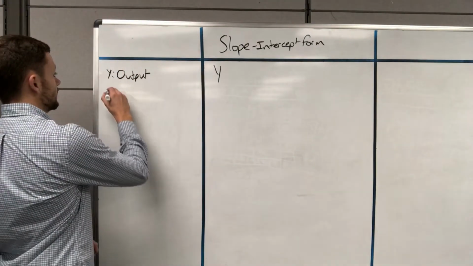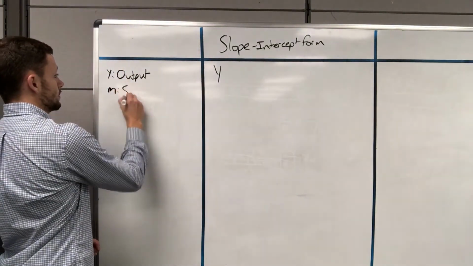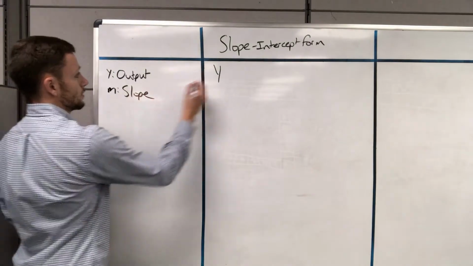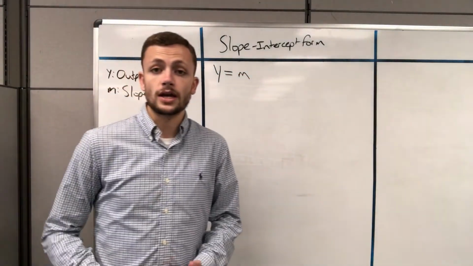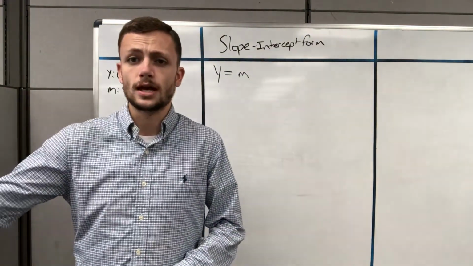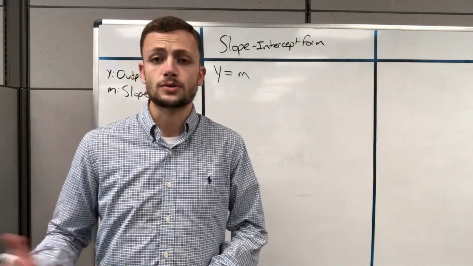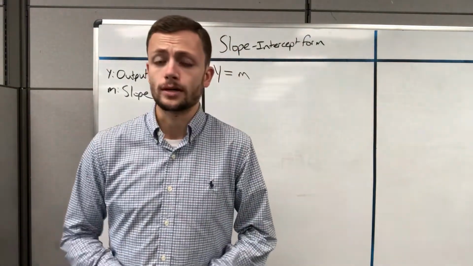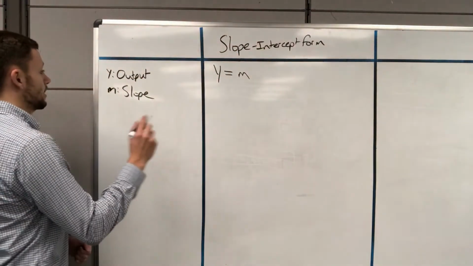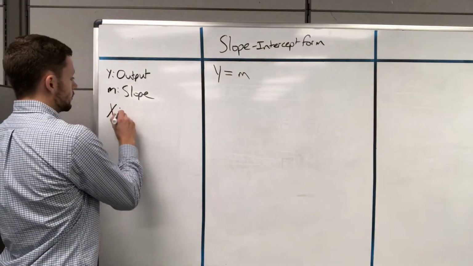You have m, which is your slope, so y equals m. Our slope, remember, is our rate of change. So again, if we call back to Tuesday for the pattern that I did in the video that was posted for that assignment, we were increasing our number of tiles by 3 every time our figure number increased. We have x, which is our input.